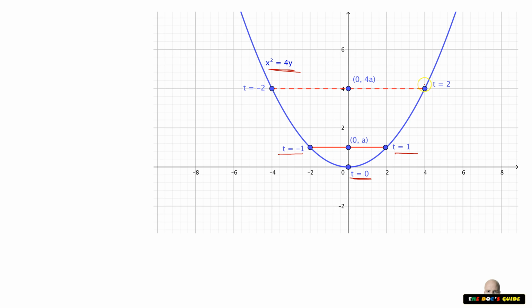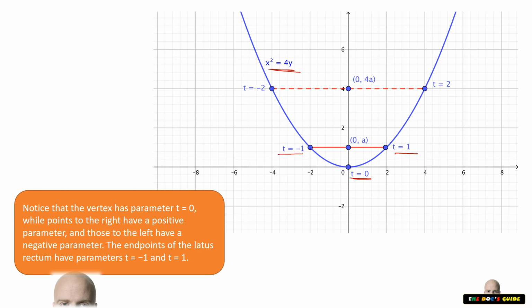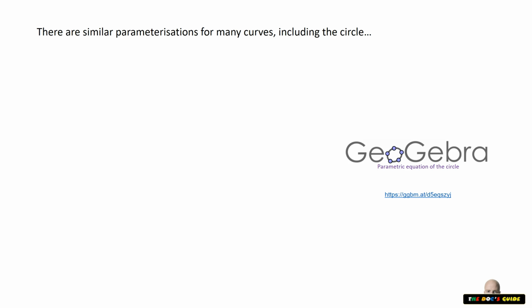At t equals 2, the y value is 4a. So along this line here, when t equals minus 1, t equals plus 1, we've got the latus rectum. So if we make note of those things, the vertex with parameter 0, the endpoints of the latus rectum at t equals minus 1 and t equals plus 1, then what we can do is to understand the structure of the parabola a little bit better.